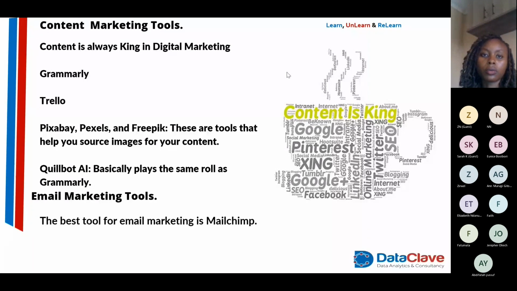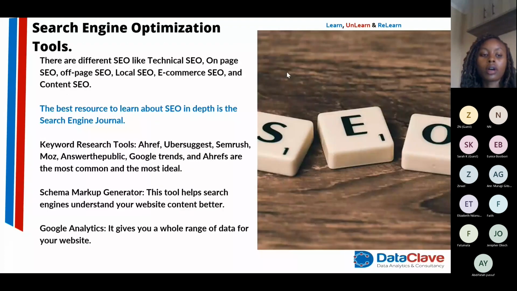The next thing we're going to cover is the search engine optimization tools. I've looked at the main SEO tools you need for SEO, but diving a little bit deeper. As I said, SEO is the activities you do to make a site better for search engines and also for better ranking. There are different types of SEO.